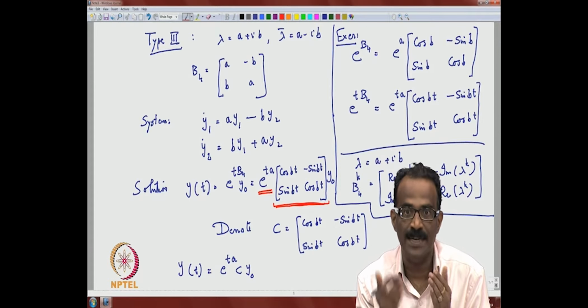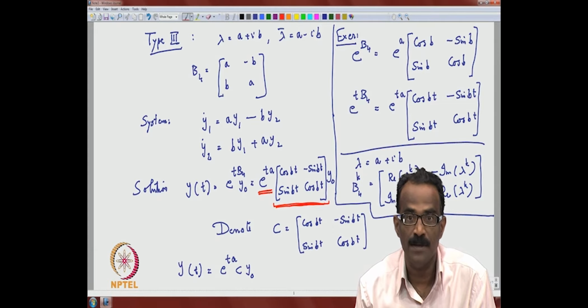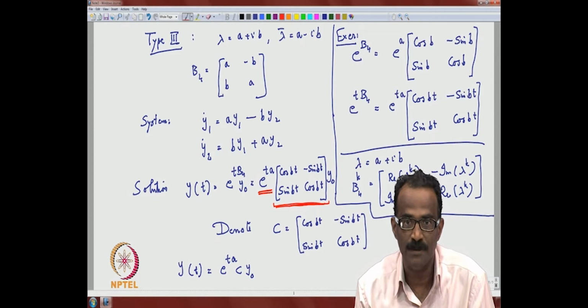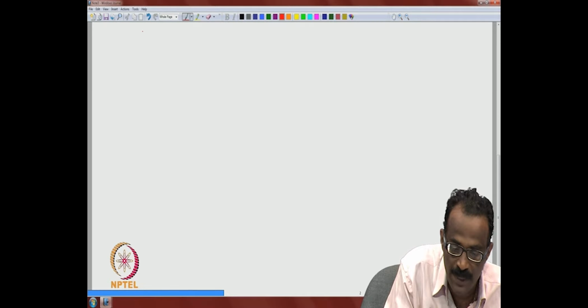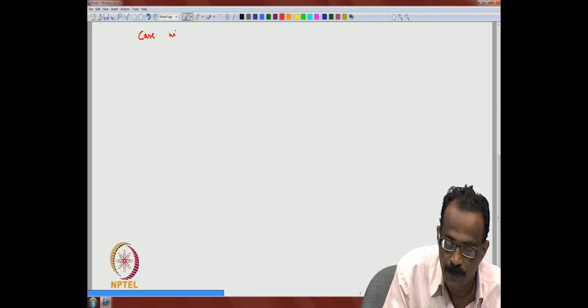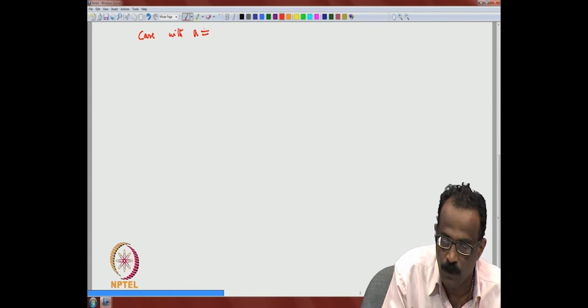You would be studying these things in the nonlinear analysis more, looking for periodic solutions of the trajectory. So we will consider two cases in this case, B with A not equal to 0.